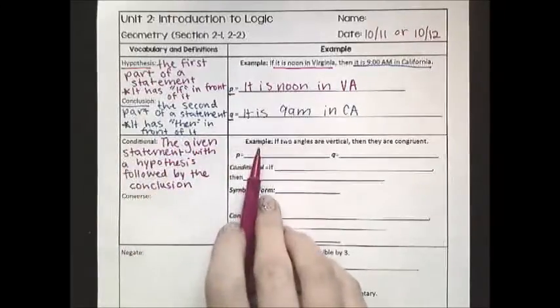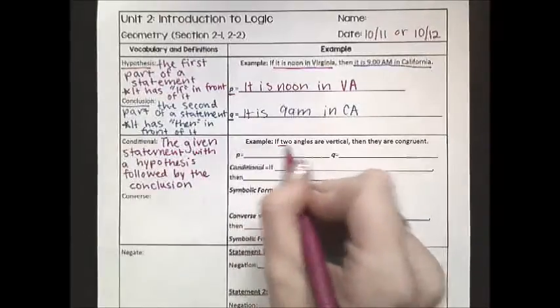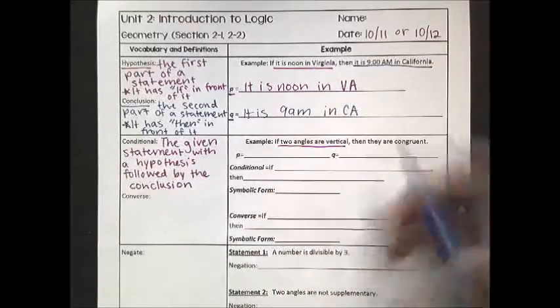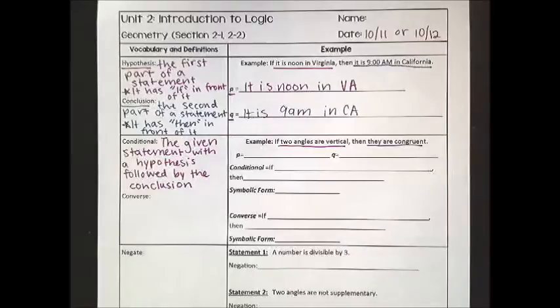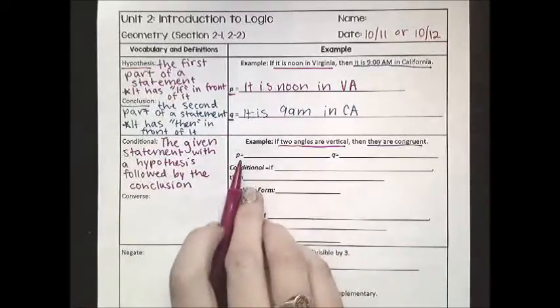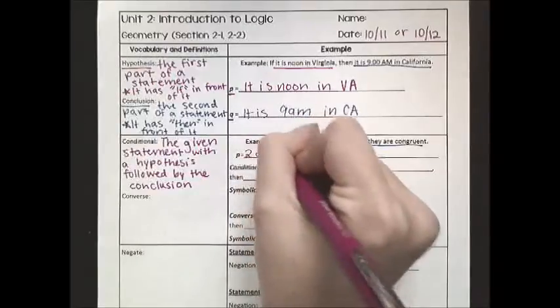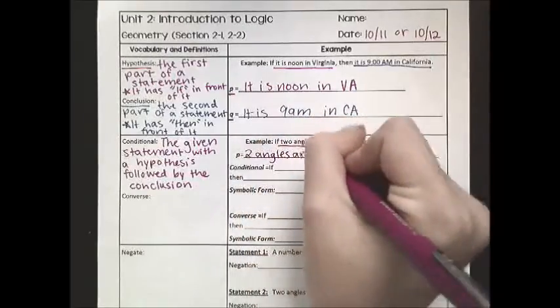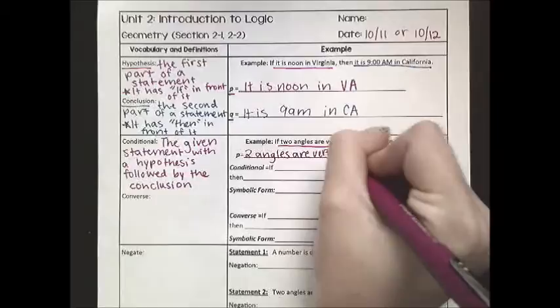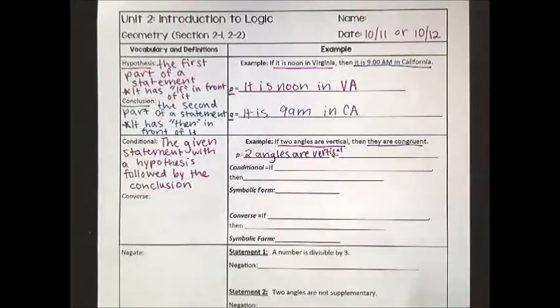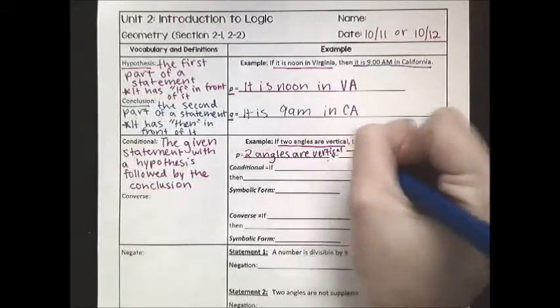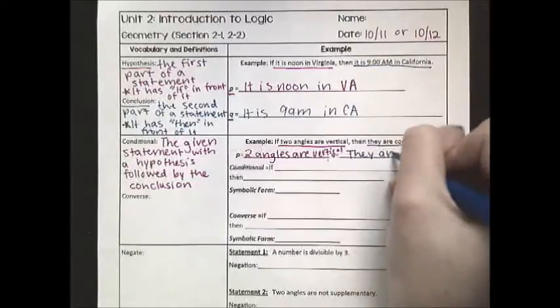So if we look at our example here, if two angles are vertical, then they are congruent. So first I want to figure out what my hypothesis is. So P is two angles are vertical, and Q, my conclusion, is they are congruent.